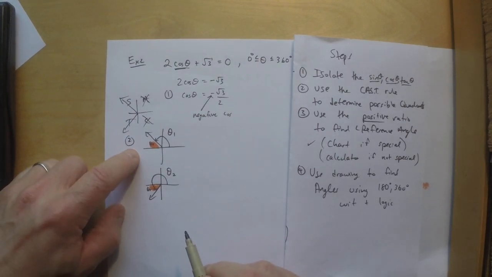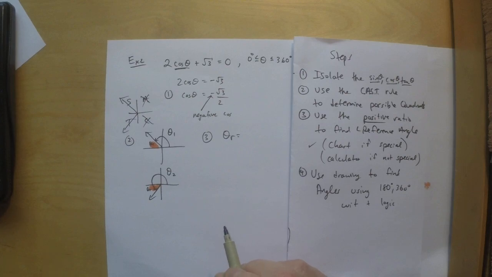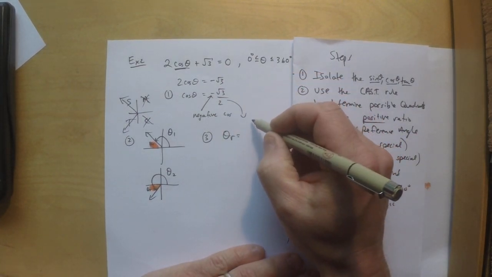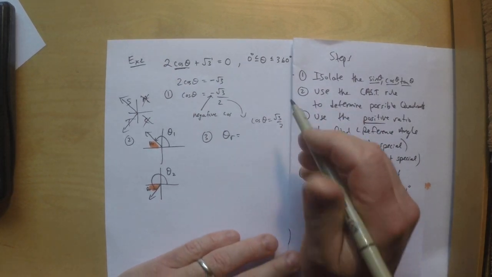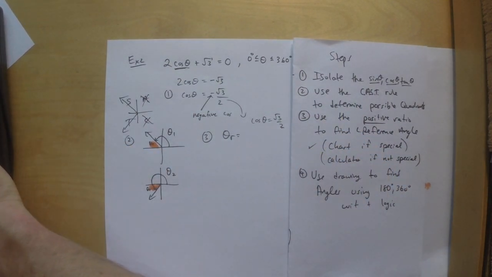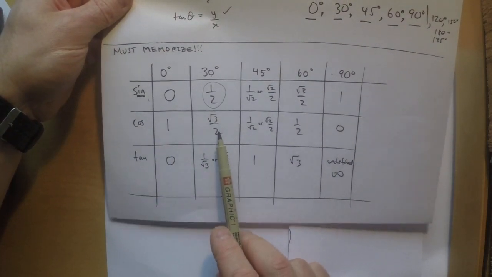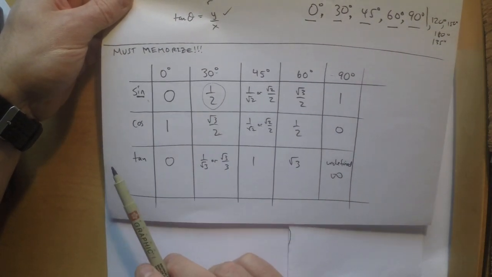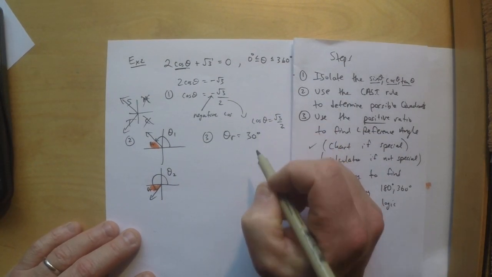Second step, cast rule. Third step, reference angle. Looking at this, using the positive, is root 3 over 2 on my chart for cosine? Lo and behold, it is. It's a 30. Okay? So I know the reference angle is 30 degrees.